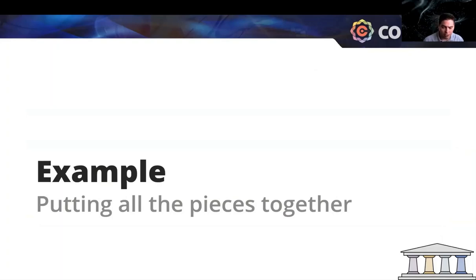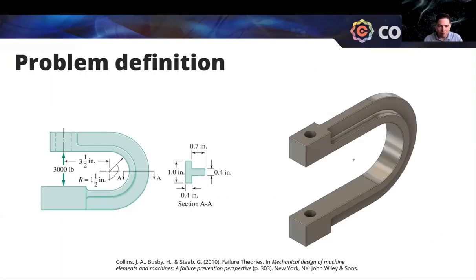Now I'd like to show a little example of putting all these pieces together. So this problem is a cast iron C-frame that's loaded as shown in the idealized diagram at left, which is often how you might draw this on the back of a piece of paper or on the back of an envelope and do some kind of hand calculations.